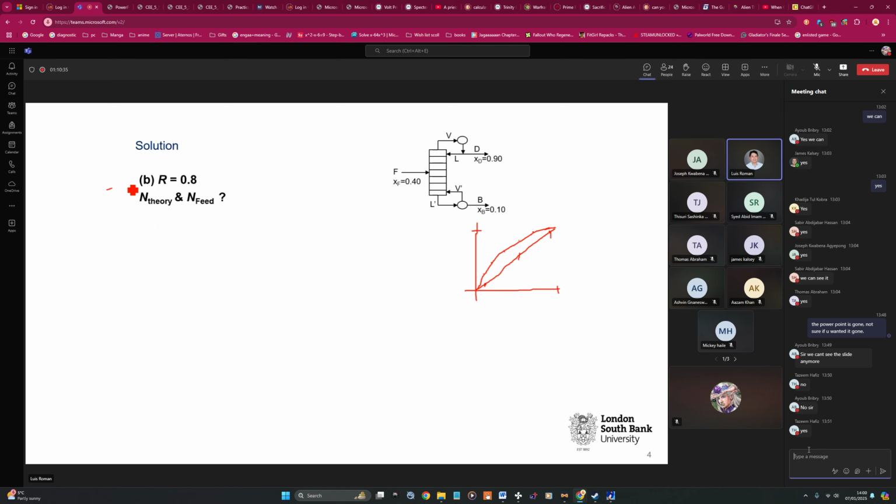Or in this case, because we are dealing with an actual reflux, we need to draw the operating line. Remember, one point of the operating line is this point here, the distillate composition on the diagonal.